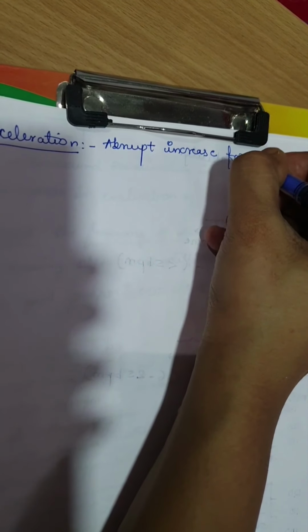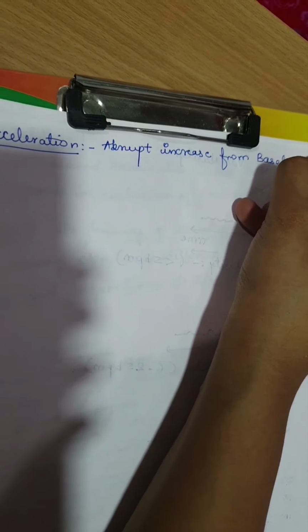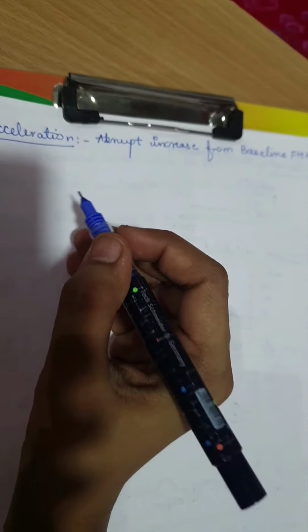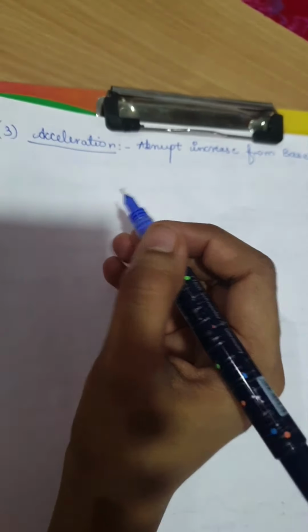An abrupt increase from the baseline of fetal heart rate is called an acceleration. Now there might be some limit.